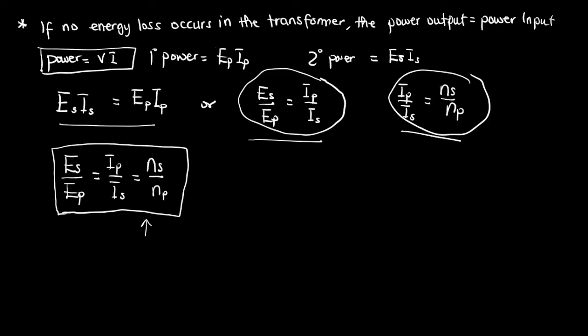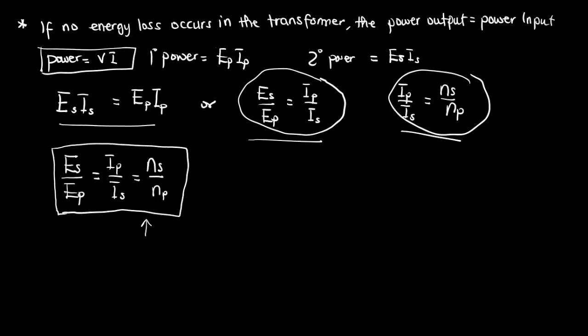Now note that for the EMF and the current, the relationship is inversely proportional. Are you okay? And for the current and the number of turns, it is also inversely proportional. But if you take just the EMF and the number of turns, they are directly proportional.